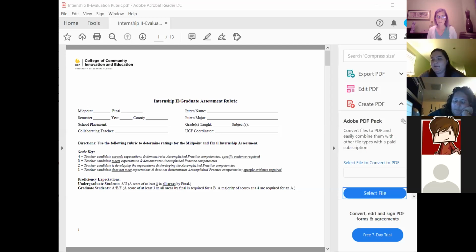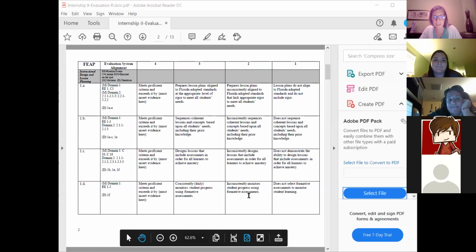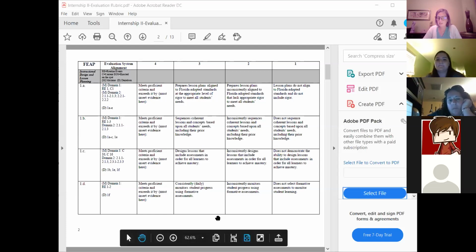Okay, back to Jennifer's question about the midpoint evaluation and the final evaluation. This is a 13-page document, so if I didn't send it to you, that's why. But it will look just like this on VIA. All of the FEEPs that you saw on the observation form are here. It's the exact same basic rubric, just formatted differently.